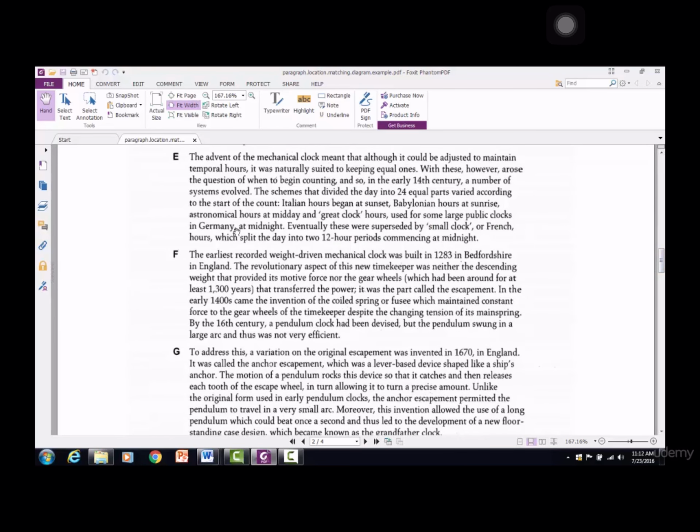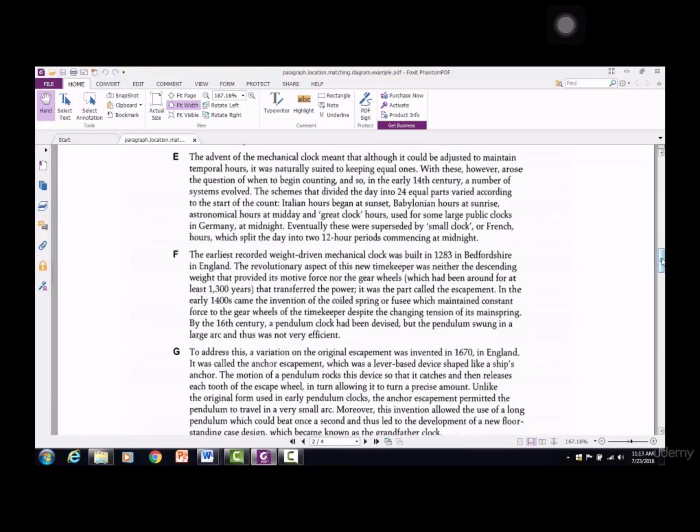For the Germans, it says Italian hours begin at sunset, Babylonian hours at sunrise, astronomical hours at midday, and great clock hours used for some large public clocks in Germany at midnight. No match for anything. Eventually these were superseded by small clock or French hours, which split the day into 2 12-hour periods.